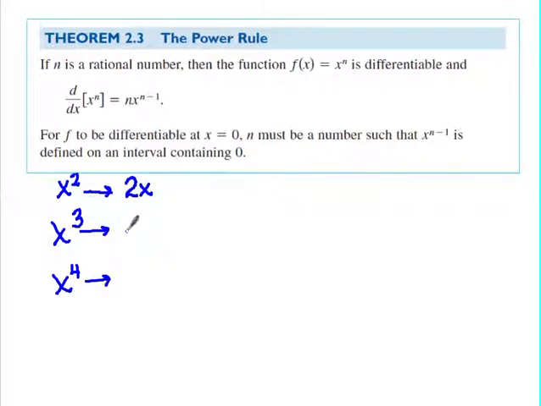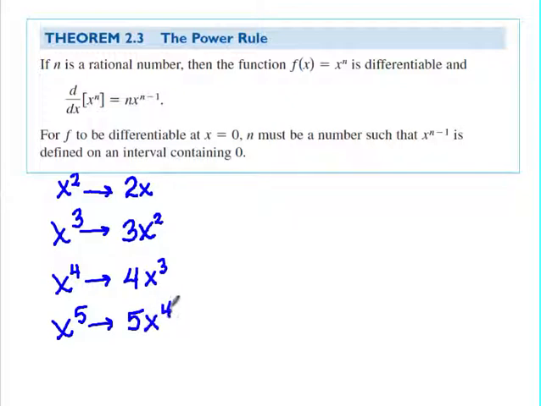What was the derivative of x cubed? 3x squared. What was the derivative of x to the 4th? 4x cubed. Let's do one more. What is the derivative of x to the 5th? 5x to the 4th. So let's talk about where that comes from.